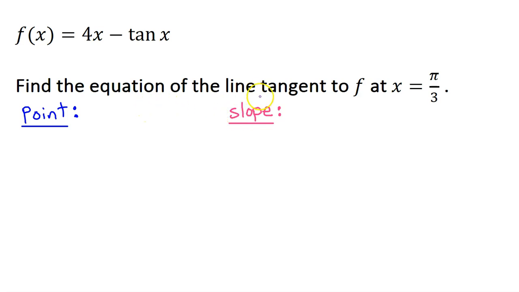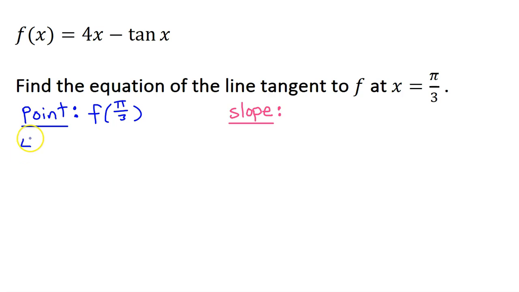To find the equation of the tangent line, we're going to need a point and the slope. To find the point at x equals pi over 3, they're telling us that the x value is pi over 3. So we just need to find the y value that goes with this x value. So to find the point, we need to do f at pi over 3 to get that output value.